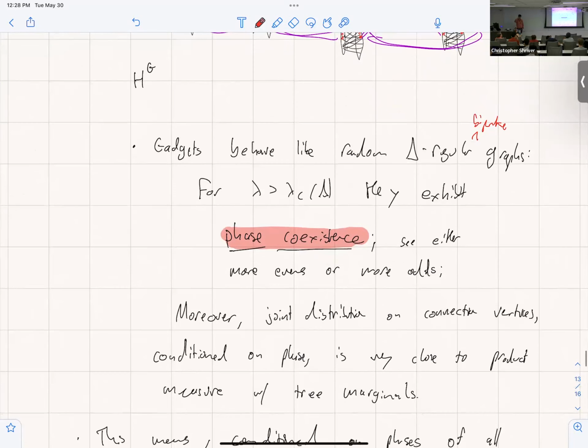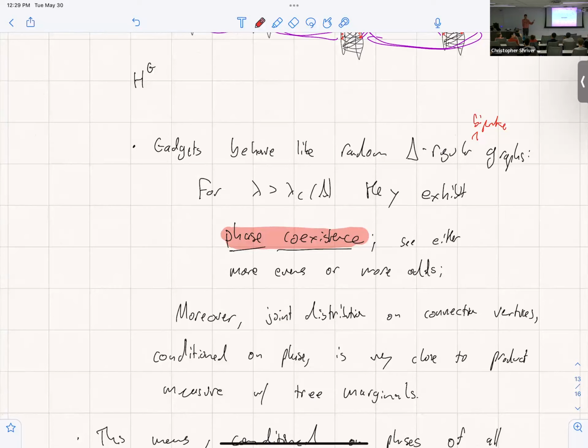In particular, if lambda is greater than lambda critical, they exhibit phase coexistence. Either you have more of the left guys in or more of the right. And in fact, these connection vertices, if you condition on the phase of the gadget, so if you have more evens or more odds, more left or more right, the joint distribution of these connection vertices is very close to a product measure, where the marginals are the right tree marginals.